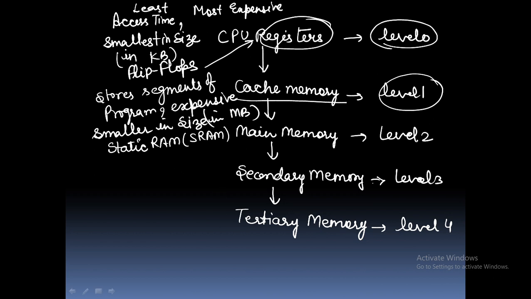Now the next level is level 2, or you can say the third in number, that is main memory. At level 2, main memory is present.